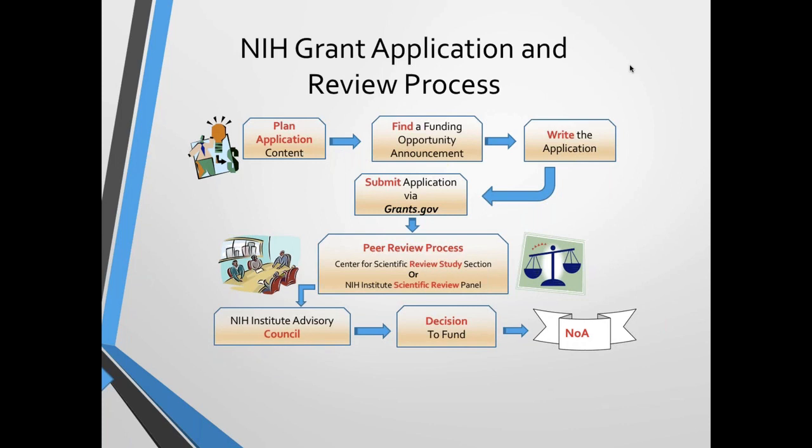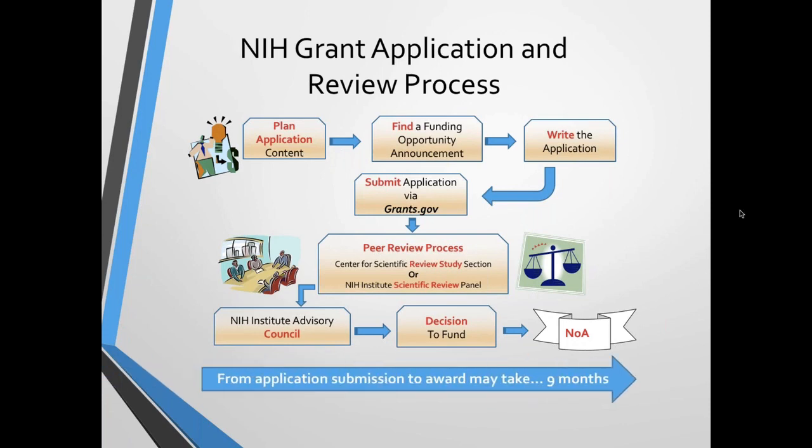The first step is the initial review, which I just explained, and after that, your application goes to the second level of review, which is the NIH Advisory Council. Once it goes to council and it clears, then a decision has to be made in regard to funding it. And if you're successful, you'll receive a notice of award, an NOA, as an applicant.